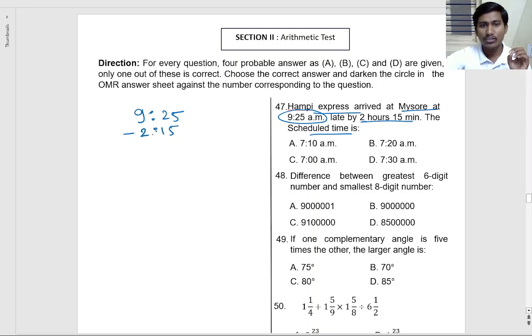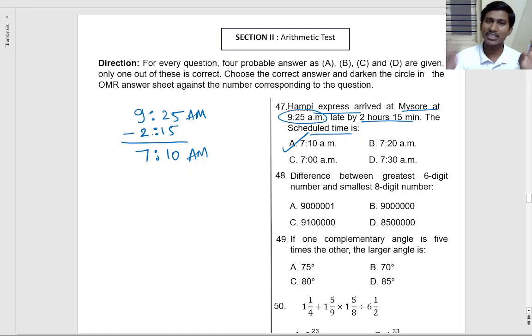Before 9 you get 7 hours, and 25 minus 15 is 10 minutes. So 7 hours 10 minutes is the answer. Option A. It should be AM, morning, right? So this is AM, so that will also be AM. 2 hours before 9 o'clock is 7 o'clock, and 15 minutes before 25 minutes means 10 minutes.